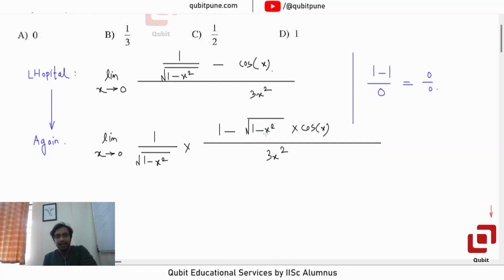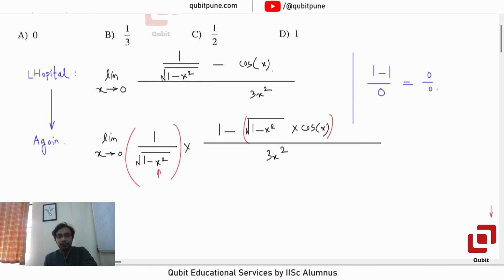Now, why did we do it? Well, we have product rule here, first, if at all we are going to apply the rule again. But now this part has been taken care of. Why? Because if I substitute x equal to 0 right here, I am not getting 0 in the denominator, correct?